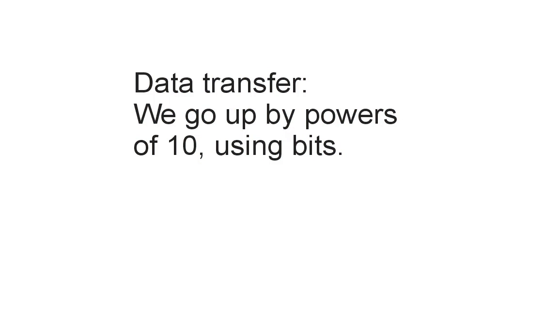Bits are individual data elements that can't be broken down any further. So we might have 1,000 bits equals 1 kilobit. Notice the lowercase k used for powers of 10. The lowercase b is used to mean a bit. The uppercase B means a byte.